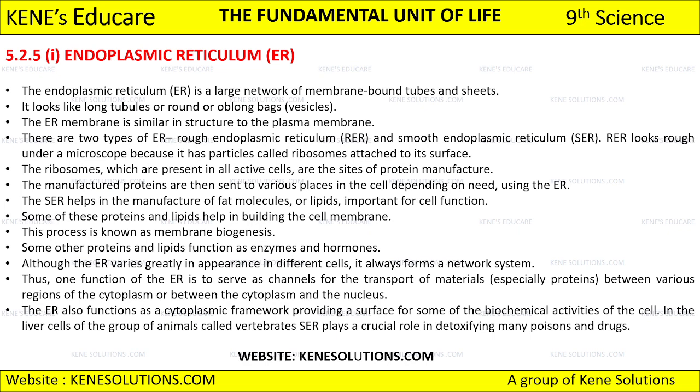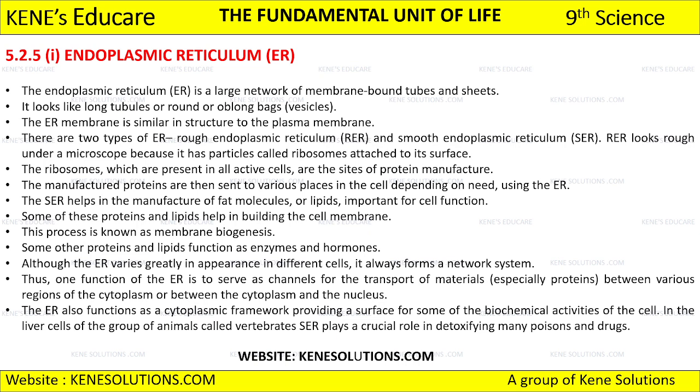We have two types of ER: rough endoplasmic reticulum, which we write as RER, and smooth endoplasmic reticulum, which we write as SER. RER looks round under a microscope because it has particles called ribosomes attached to its surface. How does RER look?